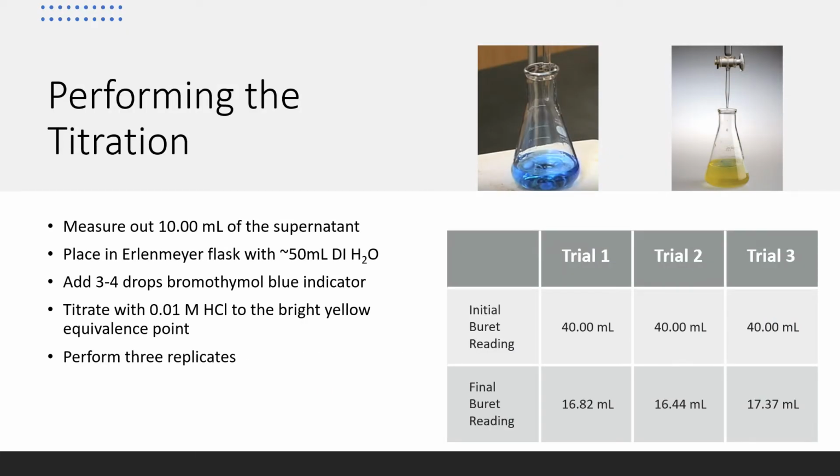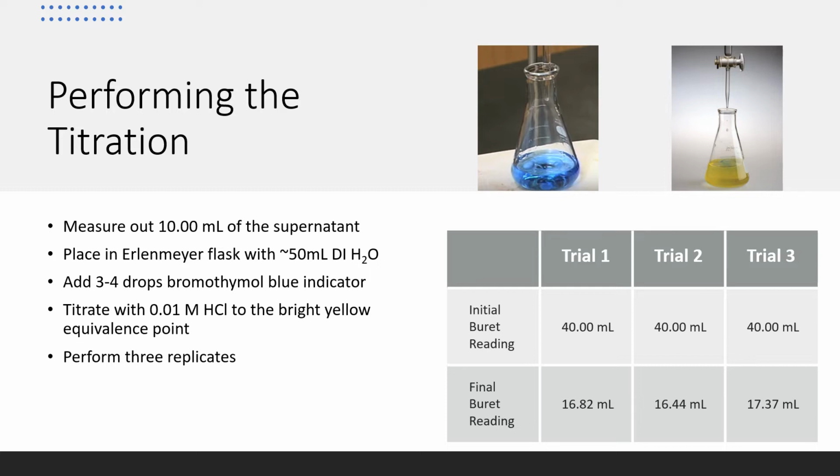To perform the titration, we will use a 10.0 milliliter aliquot of calcium hydroxide supernatant, dilute it with about 50 milliliters of DI water, and add a few drops of bromothymol blue indicator. We will then titrate it with 0.01 molar hydrochloric acid solution, which has been standardized for you, and you will use the same techniques as you would to carry out any acid-base titration.